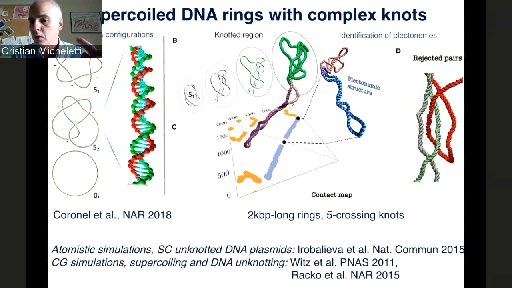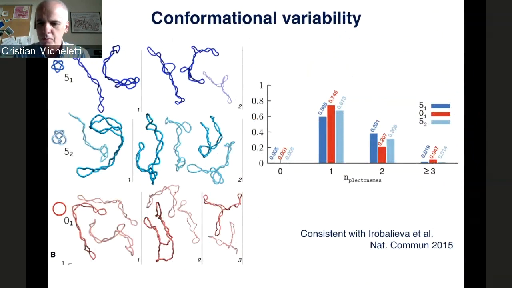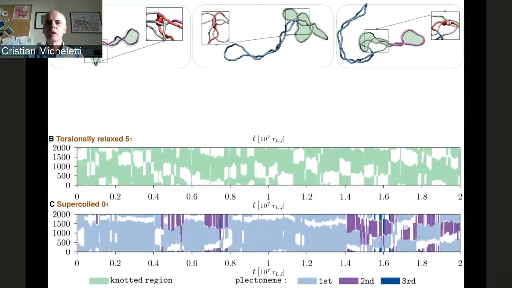In particular, we considered pentafoil knots, 5-1, and also the twist knot 5-2, so knots that are more complex than the trefoil. We looked at the conformational properties, but what I would like to tell you more about is some features that we had not expected to see, and probably some physical clues that can be exploited by topoisomerases, which is the following.